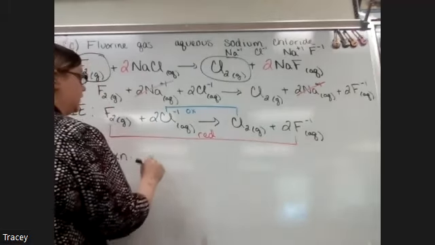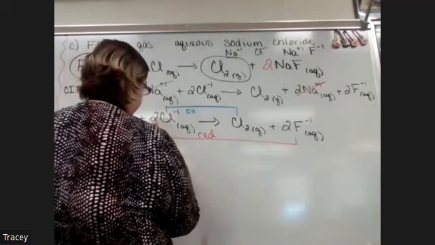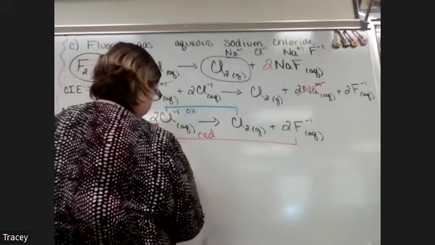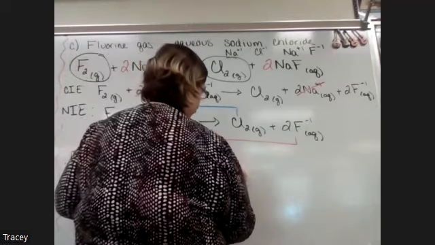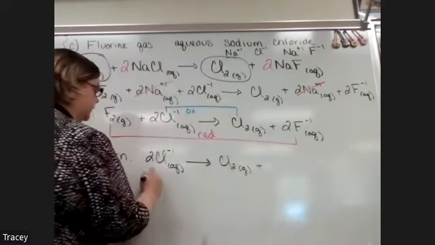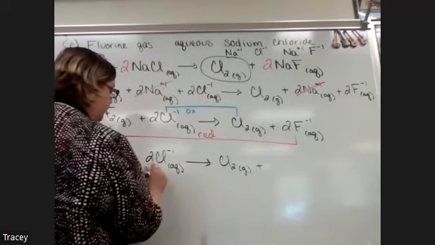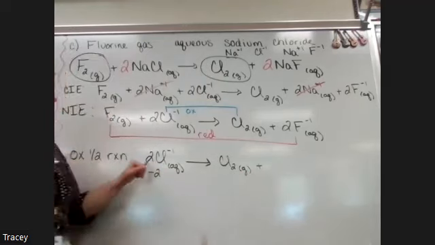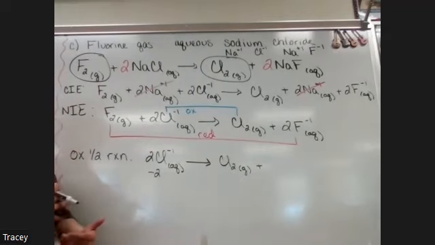So we have the oxidation half reaction, 2 Cl -1 aqueous ions, yielding Cl2 gas. Now this reactant side of the oxidation half reaction is -2, right? Because 2 times -1. Now again, we don't take away electrons, we don't make electrons have a positive charge.